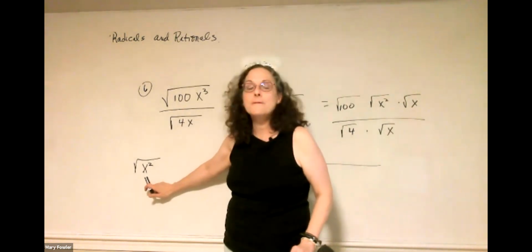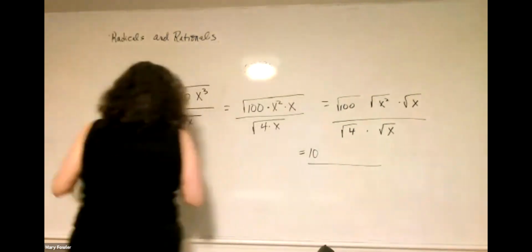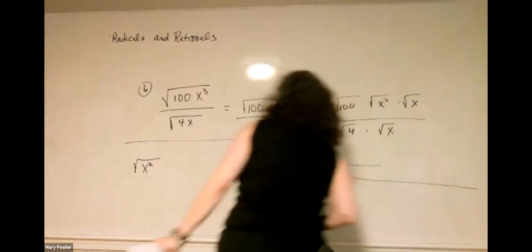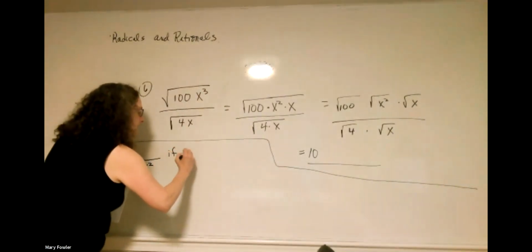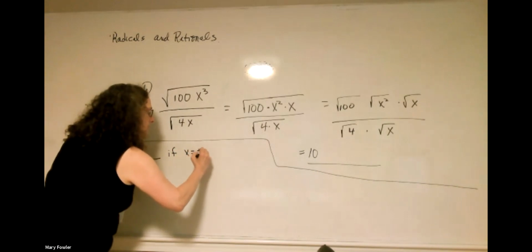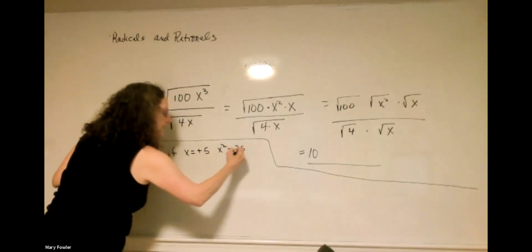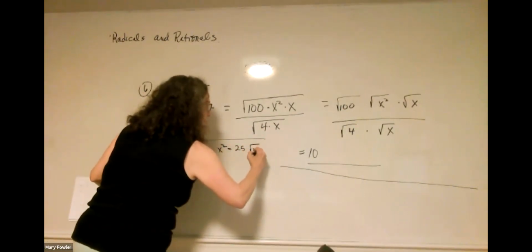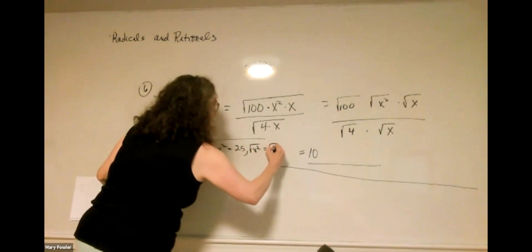Suppose x were plus 5. Let's write it out. We're going to take a little break from the problem. What is the square root of x squared? If x equals plus 5, x squared equals 25, and the square root of x squared is the square root of 25, which is 5.